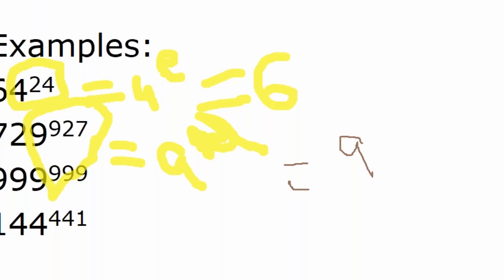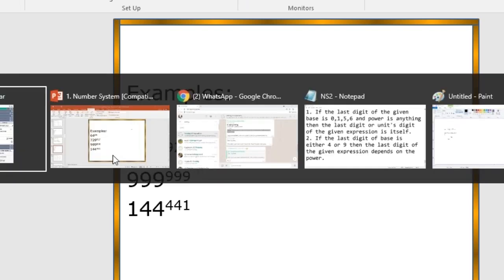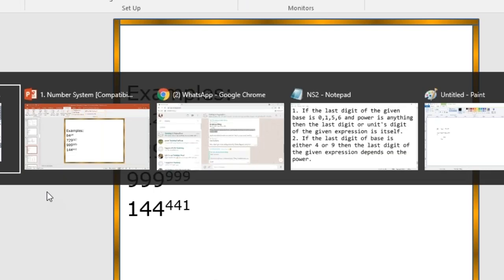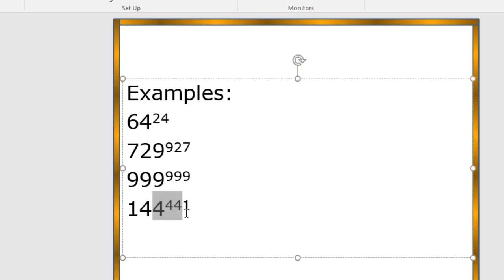Raja Reddy, understood, ma? So please be active in the classes, everyone. If you are not getting it, 144 power 441 means 4 power 441 depends.